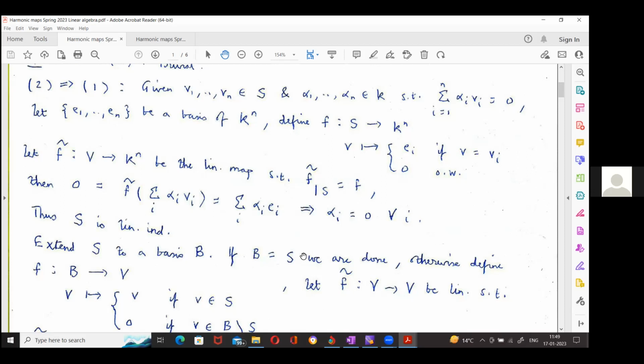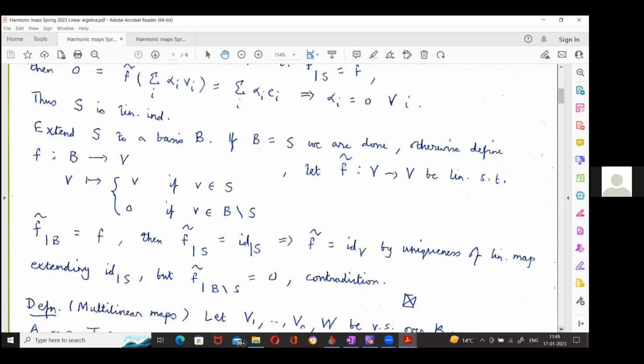Just a set which is linearly independent is not a basis, right? It can always be extended to a basis. Okay, fine. So is this basis criterion all right?